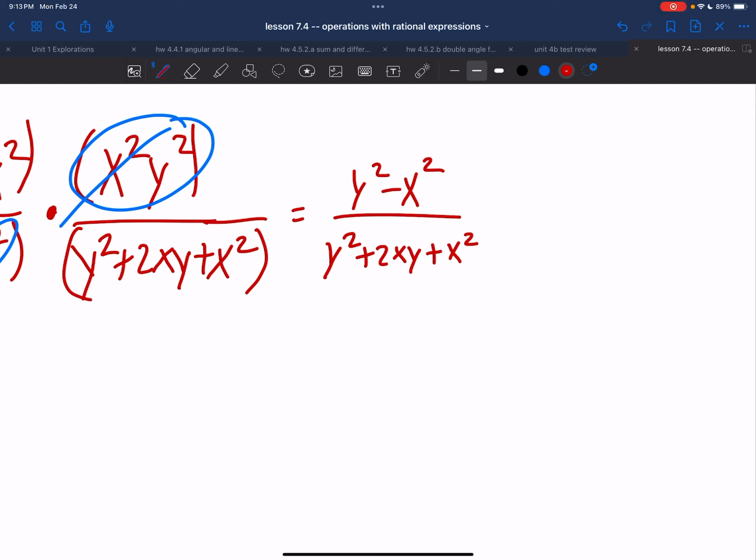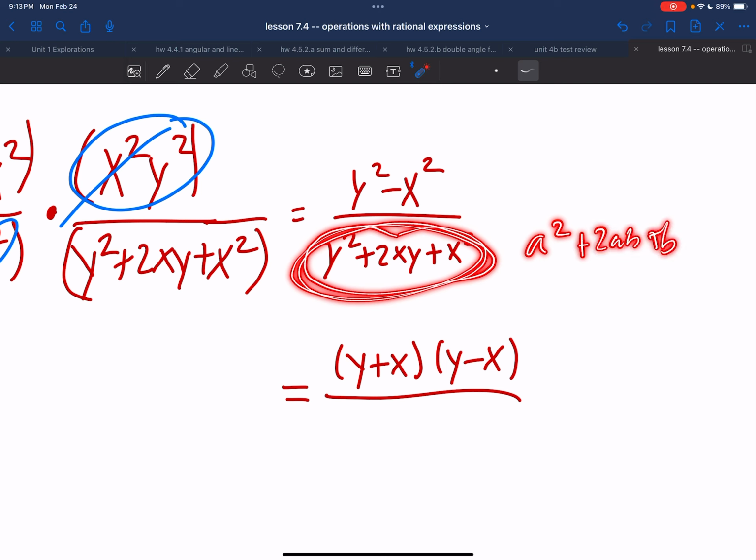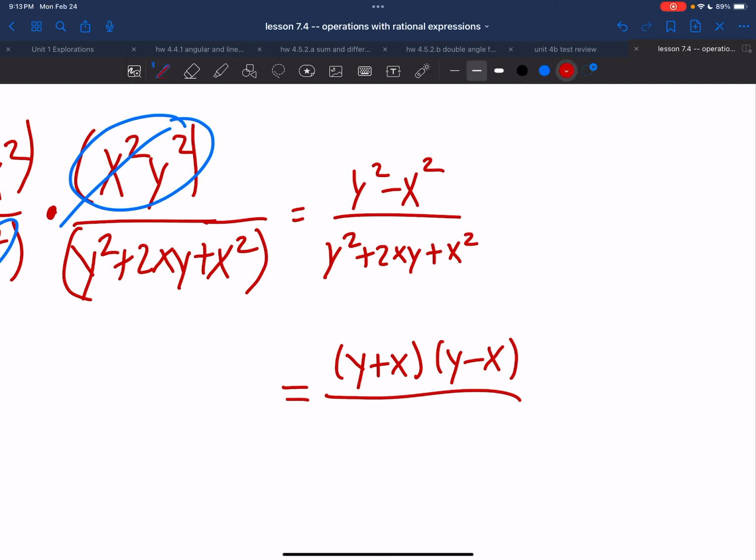Now resume, you say the numerator, y squared minus x squared. Hey, that's difference of squares. That's y plus x times y minus x. The denominator, a little tricky, is a perfect square trinomial, right? This is the a squared plus 2ab plus b squared pattern. So the denominator factors as y plus x squared.